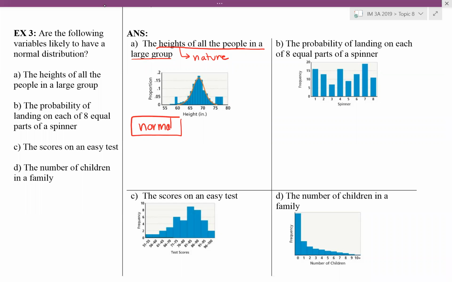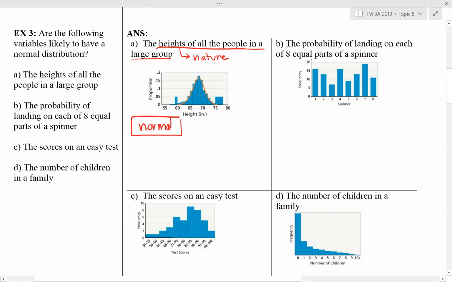For B, we've got the probability of landing on each of 8 equal parts of a spinner. Notice that this looks like that rectangular distribution, right? The best shape for that is a box. So this one is not normal.